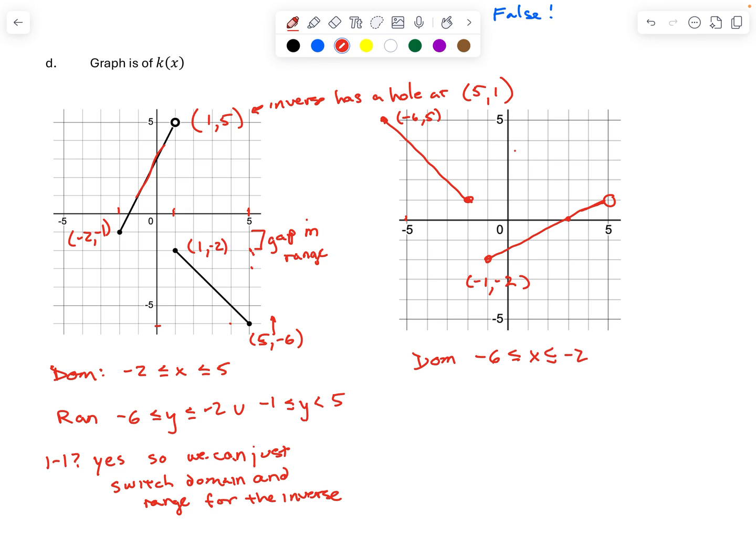Sure enough, this function goes from -6 to -2, has a little horizontal gap this time. Oh, why did I write y? Because the original had a y. You do have to switch the letters x and y.